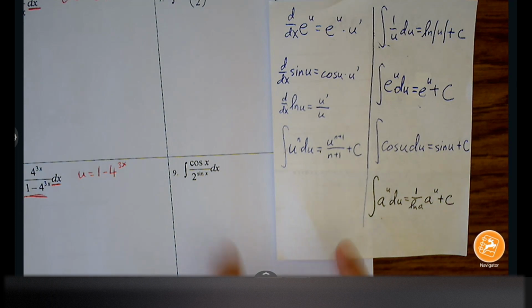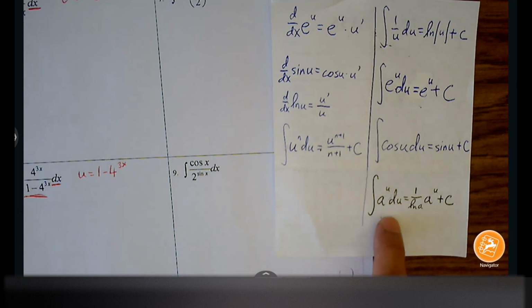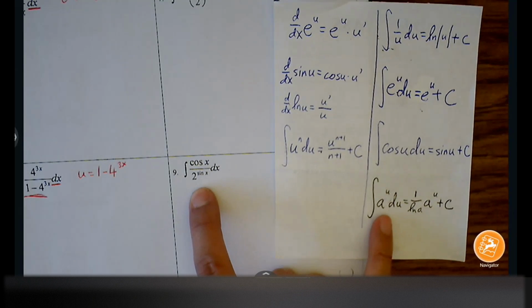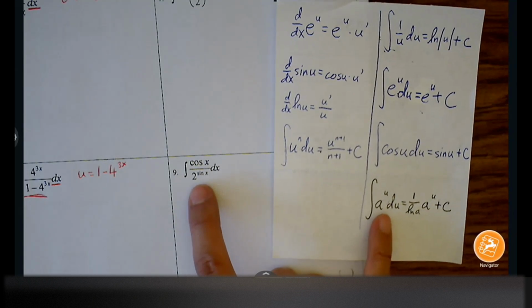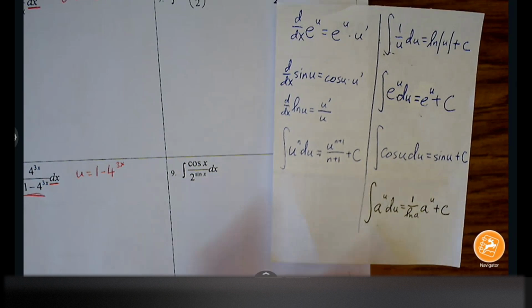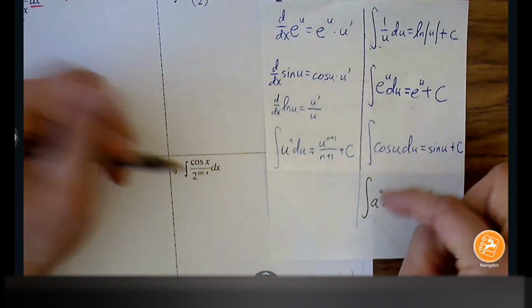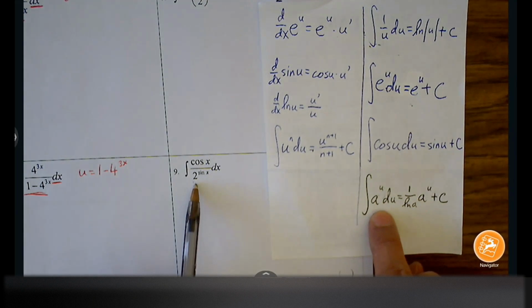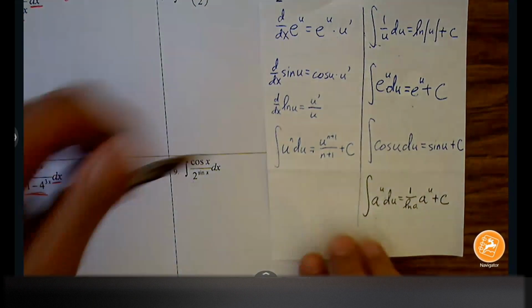The bottom one. Yeah, this a to the u. Now things are a little out of place. It's not perfect, but if we rearrange it, we should be able to get this to match this rule. So we do need to rewrite this problem because that 2 is not quite in the right spot.